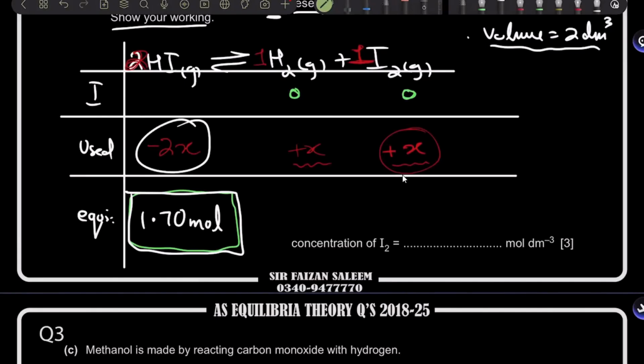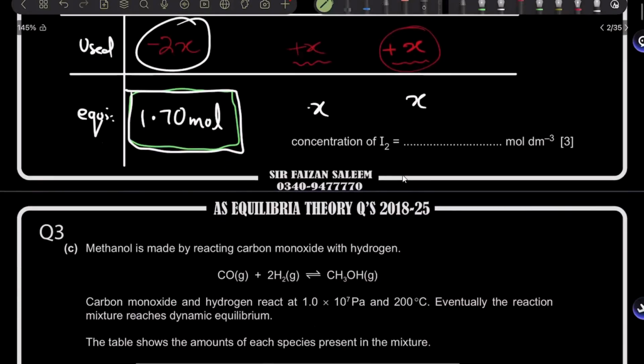If they were initially 0 and X were produced in this reaction, at equilibrium, how many moles would I find? X moles, right? And if X moles of iodine were produced, initially they were 0. How many moles of iodine would I have at equilibrium? Also X moles, right? So now, do I have the equilibrium moles of all of the species?